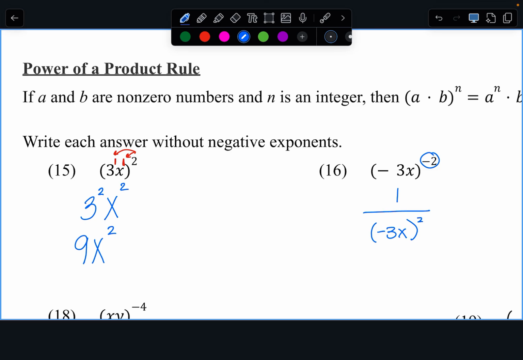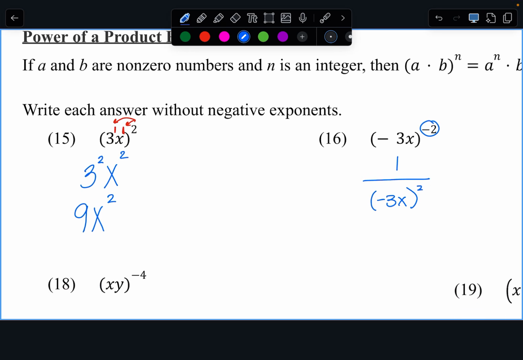Okay. Now, this means 1 over... Remember that that's a negative 3 to the second and then an x to the second, so those parentheses make a difference. Because what's a negative times a negative? So we have 1 over 9x squared.